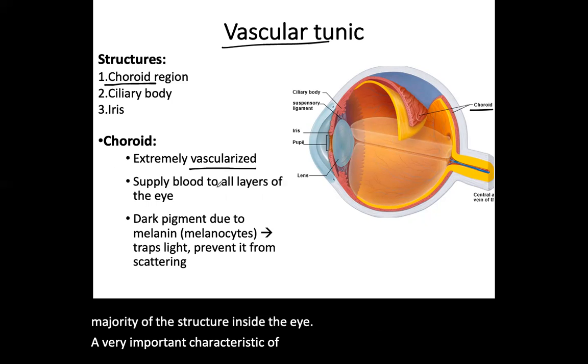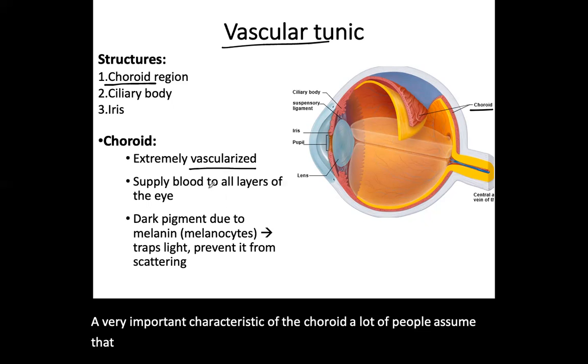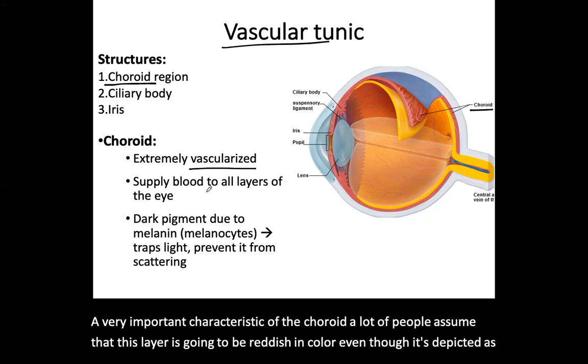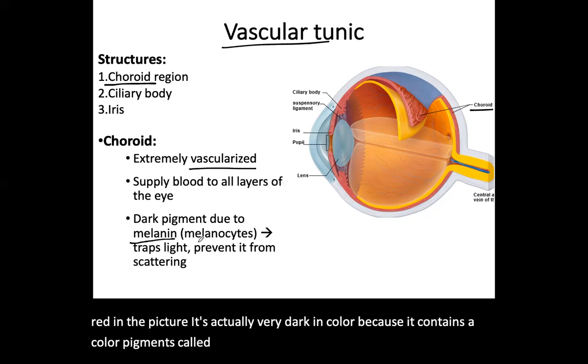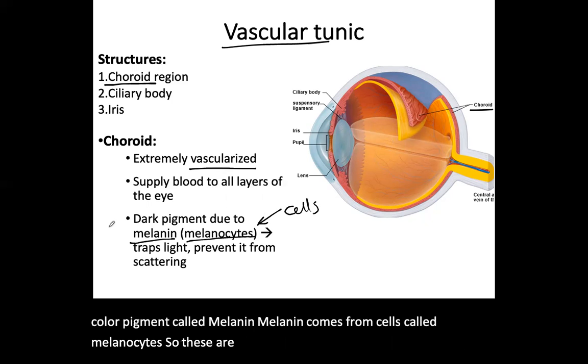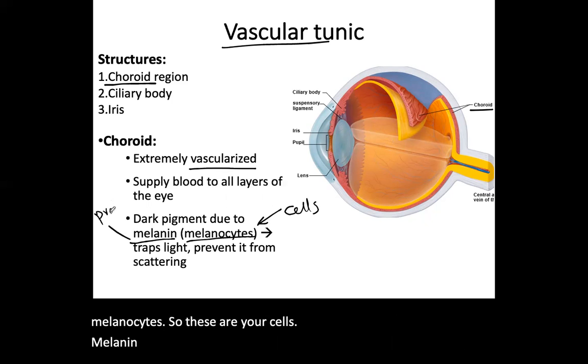A lot of people assume that this layer is going to be reddish in color, even though it's depicted as red in the picture. It's actually very dark in color because it contains a color pigment called melanin. Melanin comes from cells called melanocytes. Melanin is a protein, or color pigment, that also gives you your skin tone.